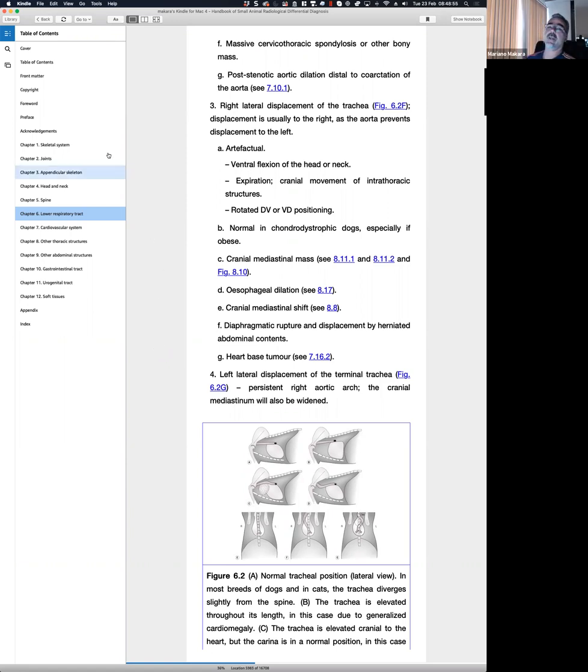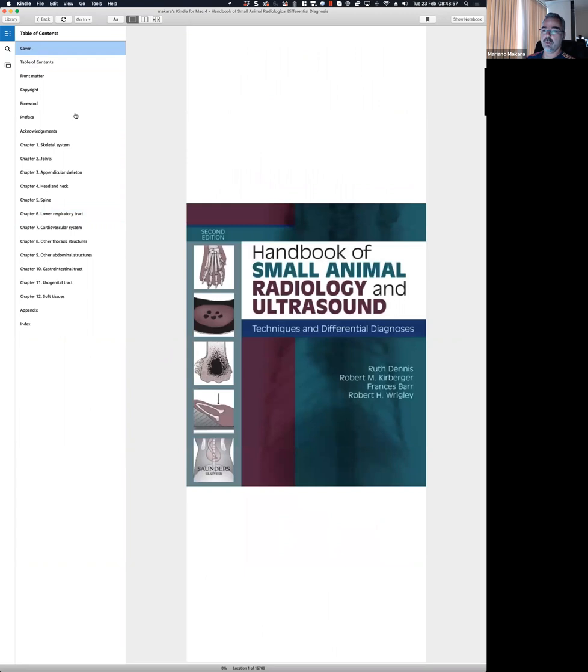The authors are extremely good: Ruth Dennis, Kirberger, Barr, and Wrigley. Wrigley was here in Sydney. He passed away, but he's kind of a friend of ours. These are very well-known people, and when you go through the book, you see that with years of experience, you can make something complex into something easy or simple.